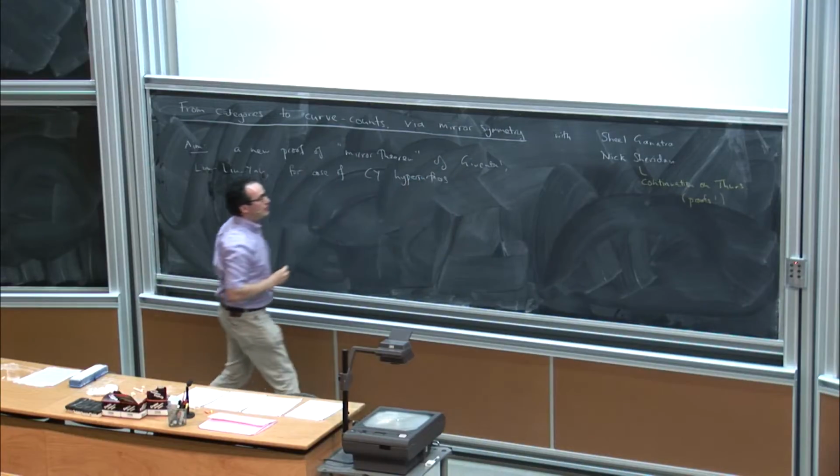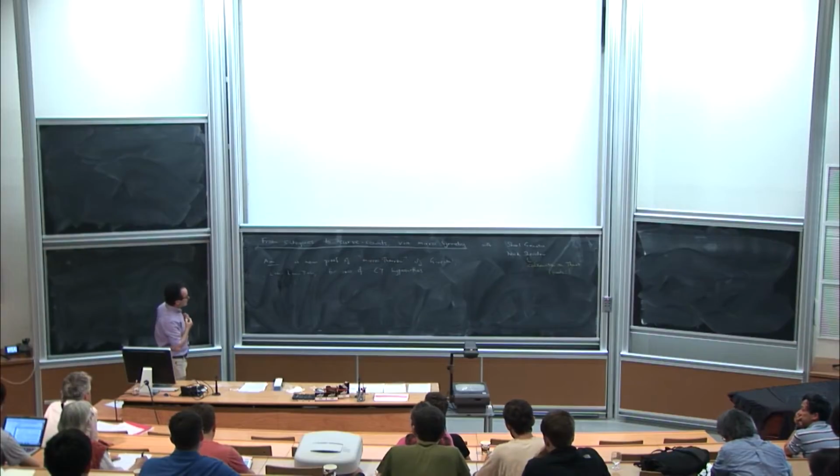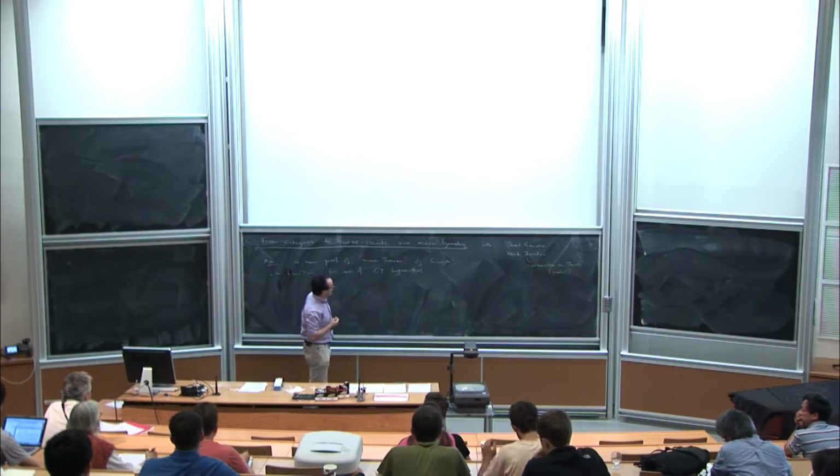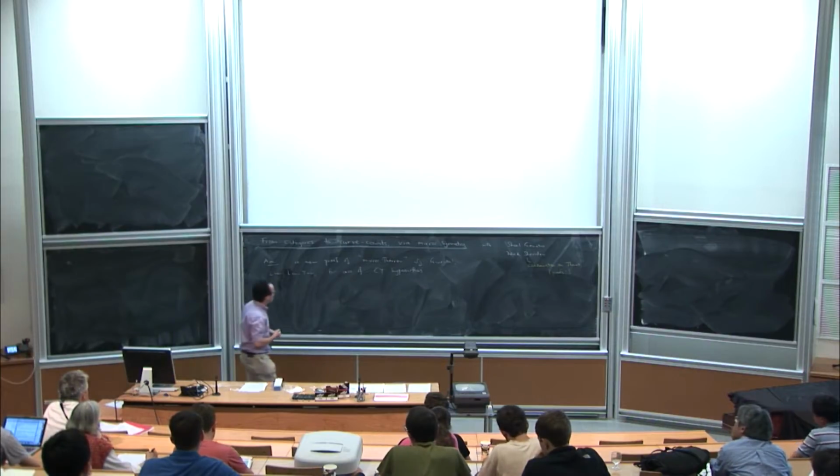So this is a result about counting rational curves on such Calabi-Yau manifolds and interpreting those counts in terms of certain integrals of holomorphic volume forms on a mirror.